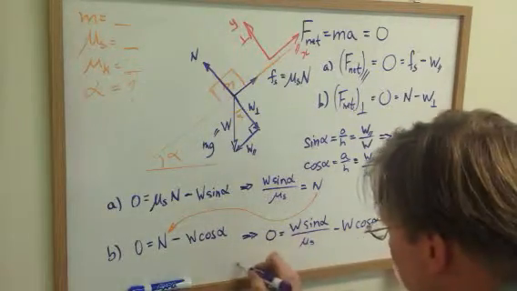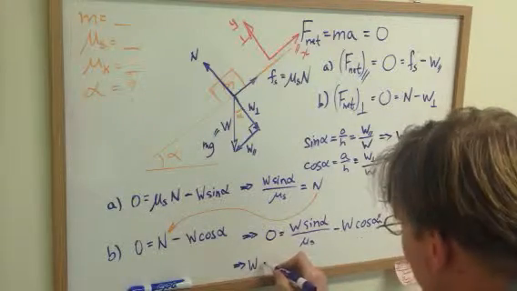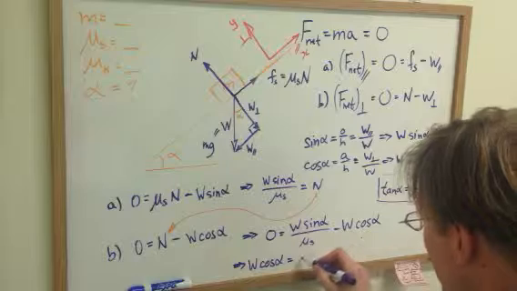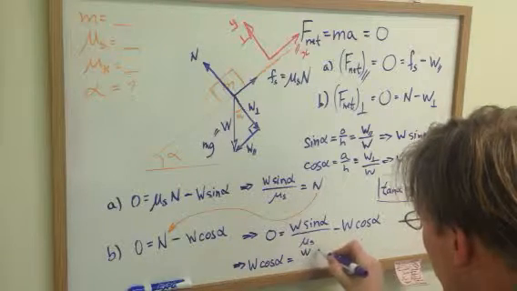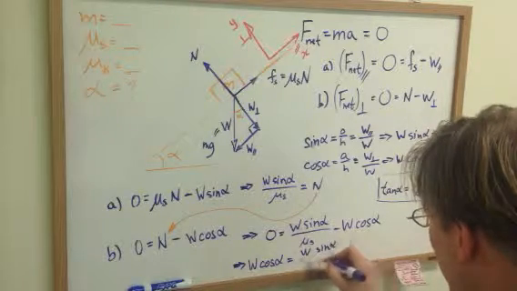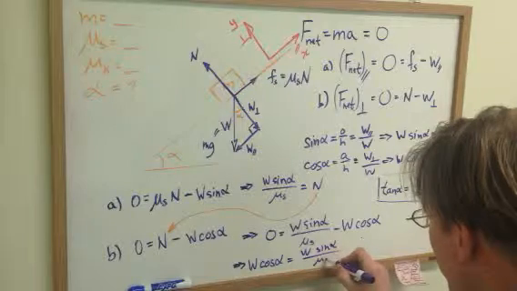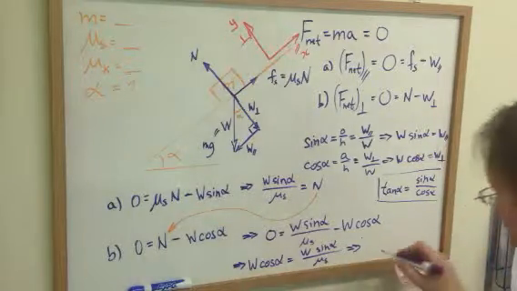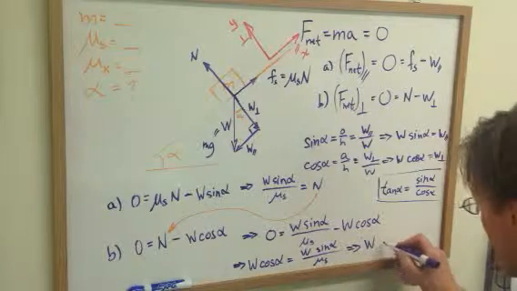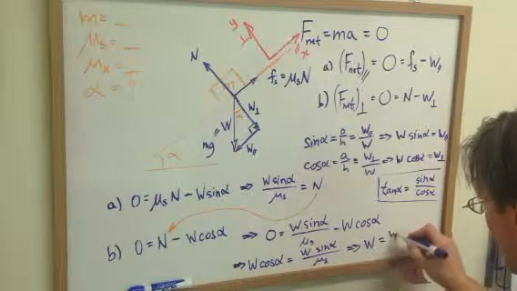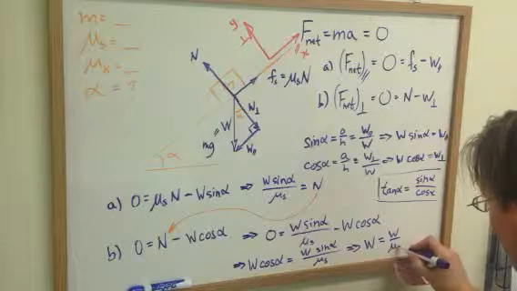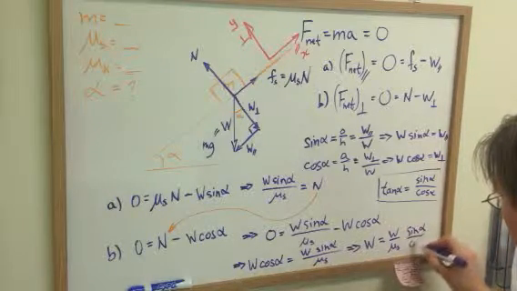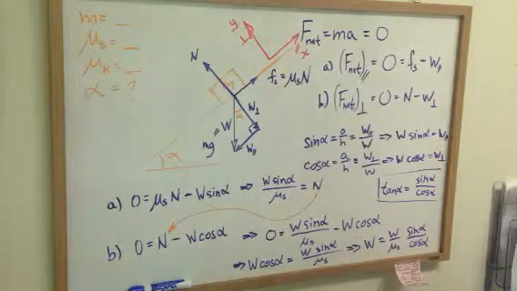I'm just going to bring that over. Say that I have weight cos alpha is equal to weight sine alpha over mu. And then I'm going to divide by cos alpha and have weight on one side equals weight over mu on the other, sine alpha over cos alpha.